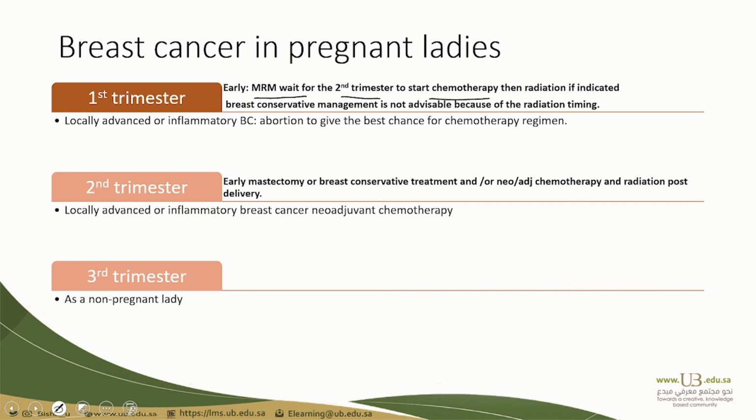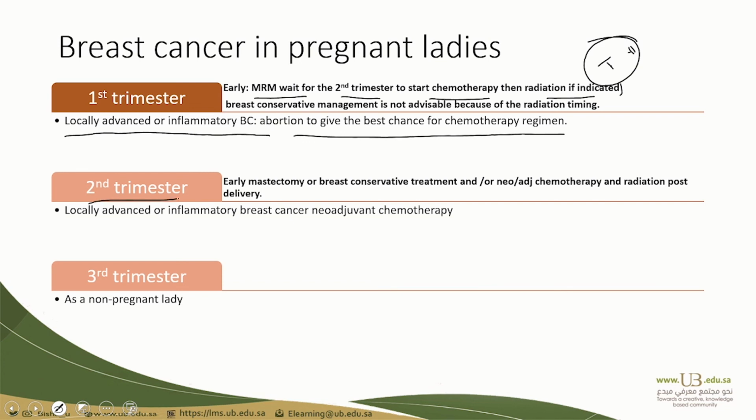Then you can start her on chemotherapy, then radiation if indicated, with trastuzumab and hormonal therapy post delivery if indicated. If they have locally advanced or inflammatory breast cancer, we usually advise abortion to give her the best chance of chemotherapy.